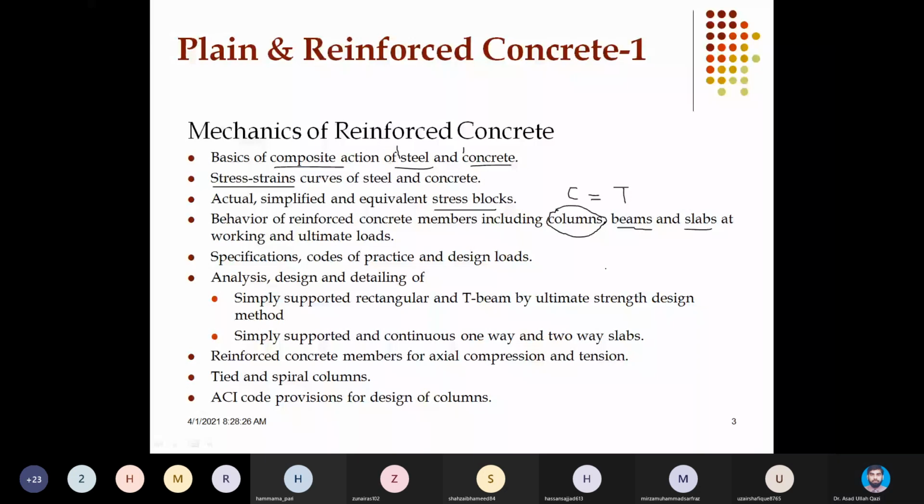Both design methodologies, allowable stress design and ultimate strength design, we will discuss here.